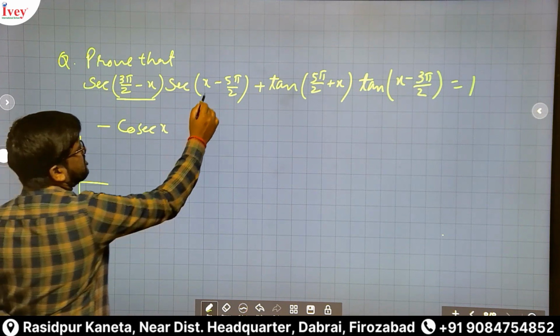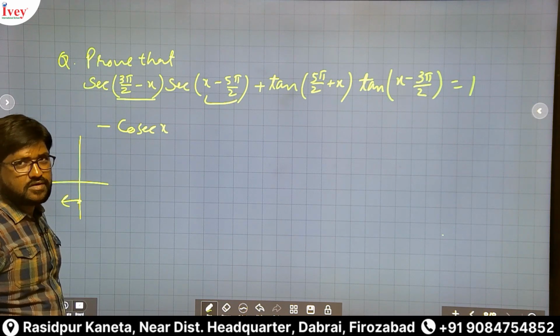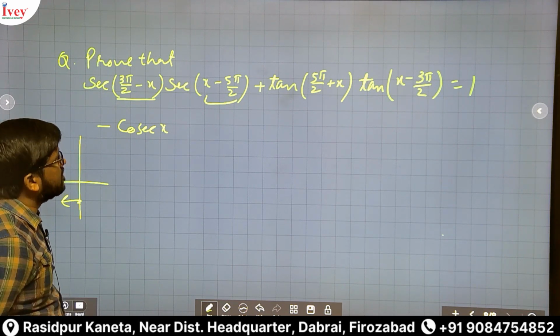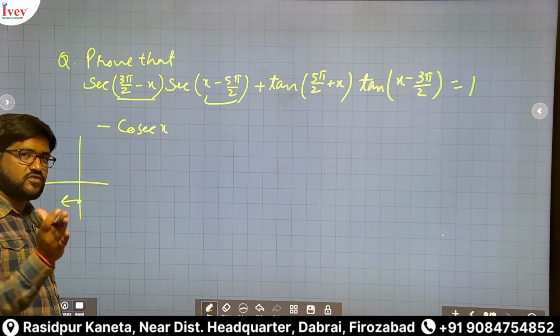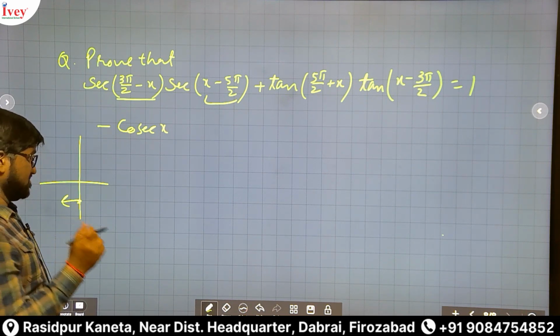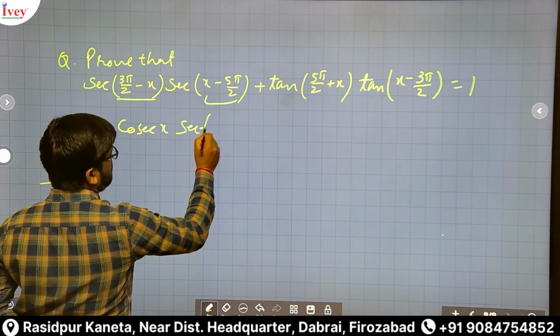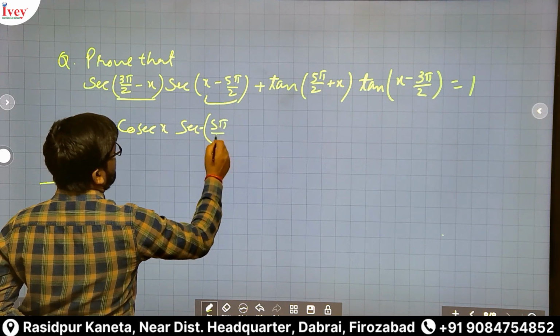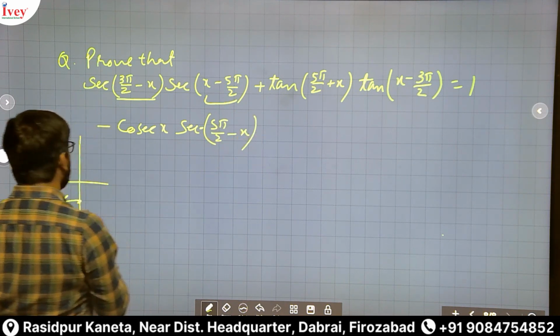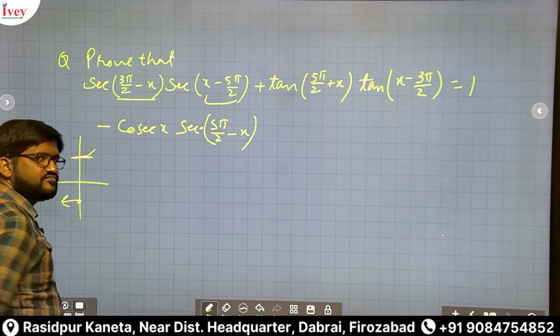Now what about this? We are supposed to have the allied angle of the vertical axis or horizontal axis. It is x minus something, right? So first of all, you need to take minus common from the angle. So you will get 5 pi by 2 minus x, and you know where 5 pi by 2 is. 5 pi by 2 is here, right?